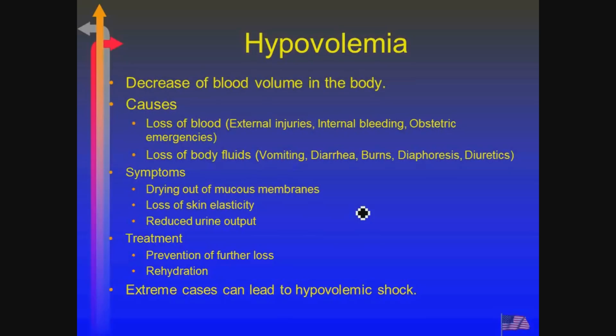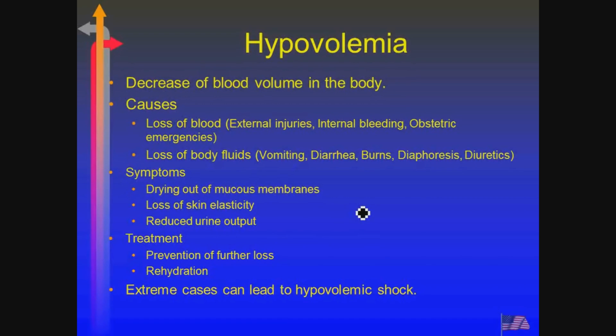We can also have it from loss of bodily fluids: diarrhea, vomiting, excessive use of diuretics, burns where fluid is third spacing out of the vascular space. It's one of the complications of Ebola. Most of the people who die from it die from dehydration, because you can't keep up with the rehydration since there's massive diarrhea and massive vomiting.